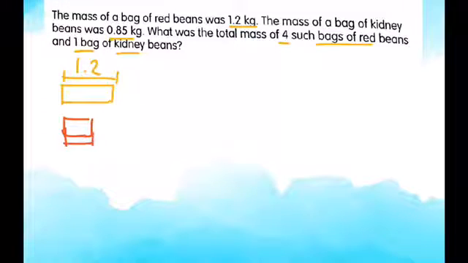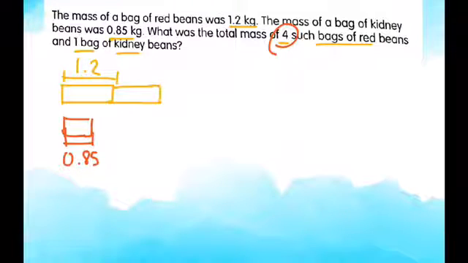Let's label 0.85. Now I noticed that we are looking for the answer to the question, what was the total mass of 4 such bags of red beans? So that means that I would need to repeat the unit for 1.2 4 times.